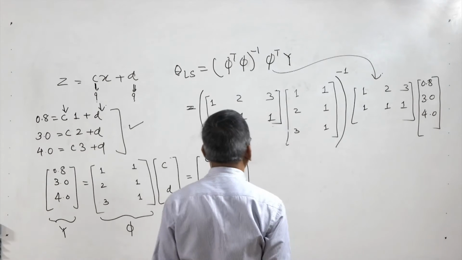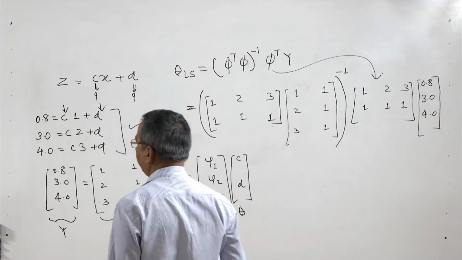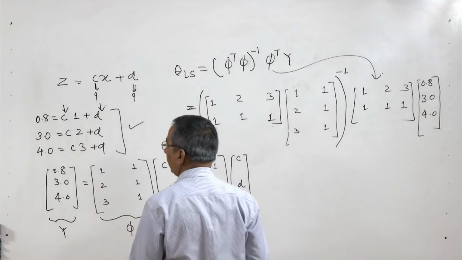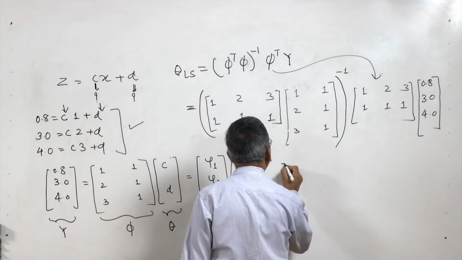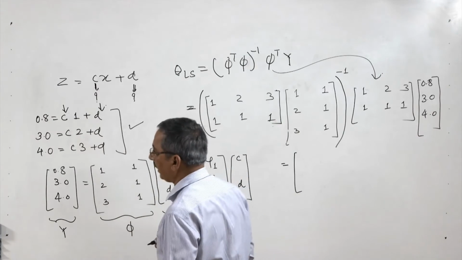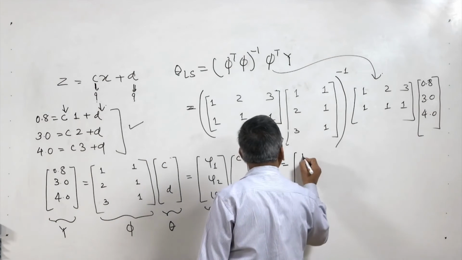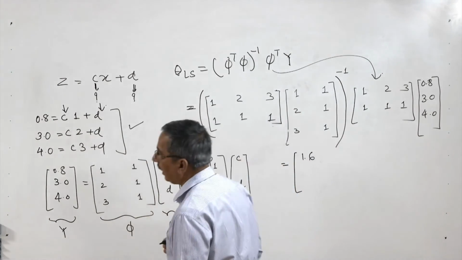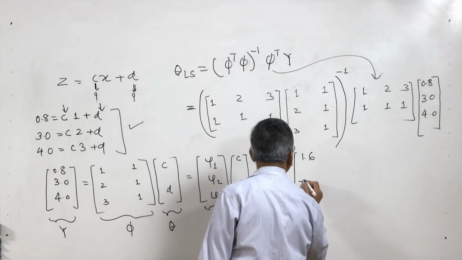When we do that, this is what we get. The value we are expected to get is 1.6 and minus 0.6.